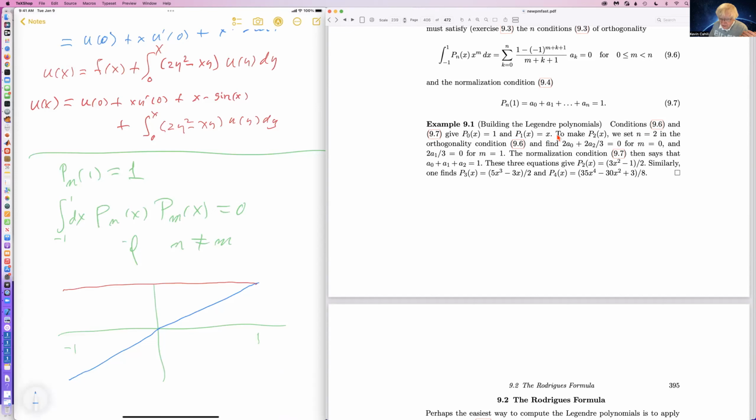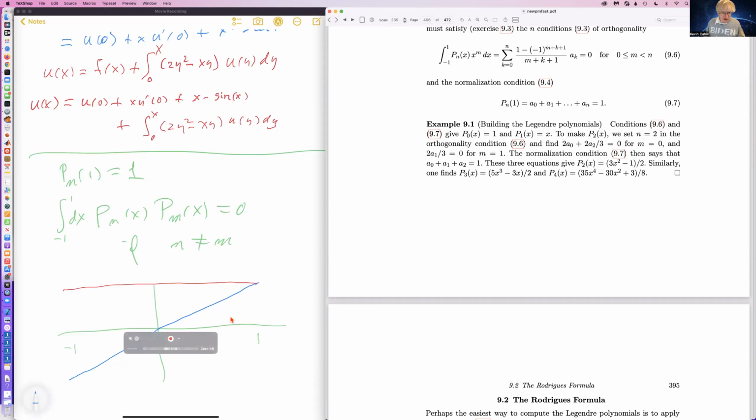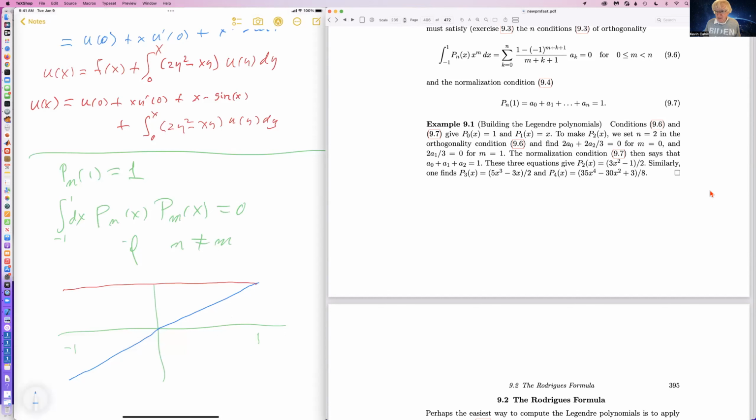And obviously it's orthogonal to P0 because P0 is a constant, and here you have just as much negative as positive, so they cancel.